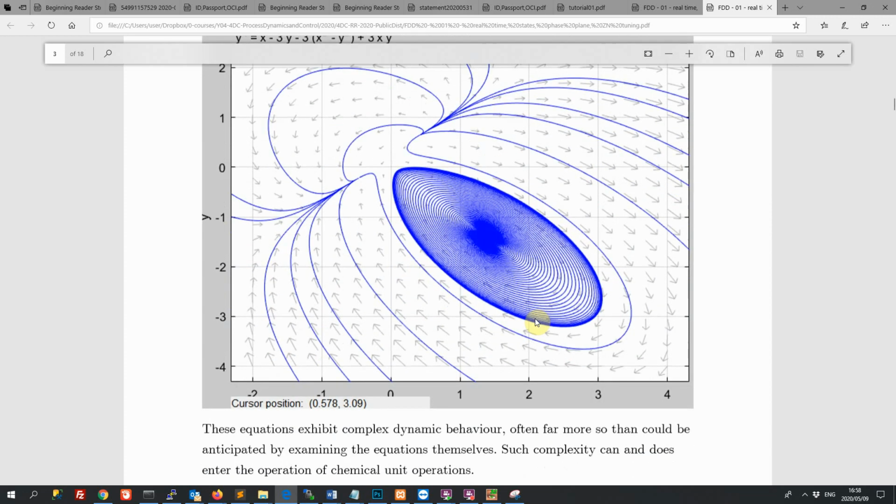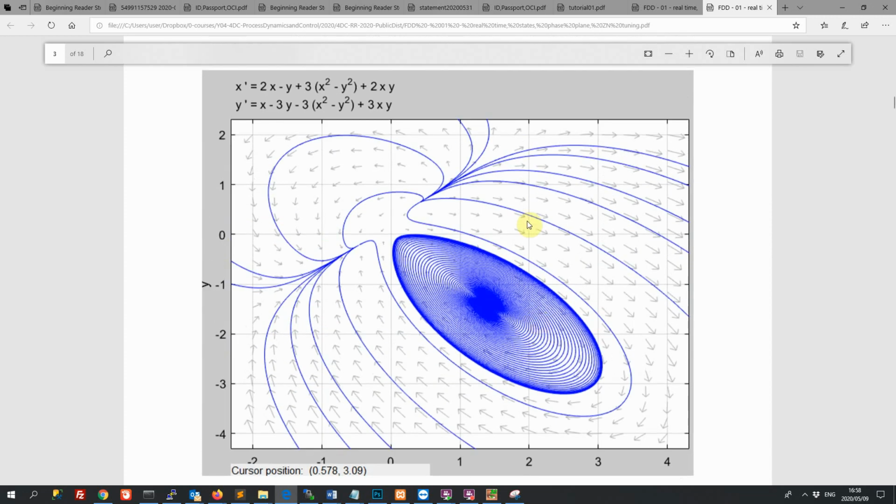And by the way, this is a nice bit of code that was not written by myself. This is the p-plane code that was written for use in MATLAB, and you can see here that you can trace out all the solutions. For this equation, it turns out that there's what we call a repulsor here.